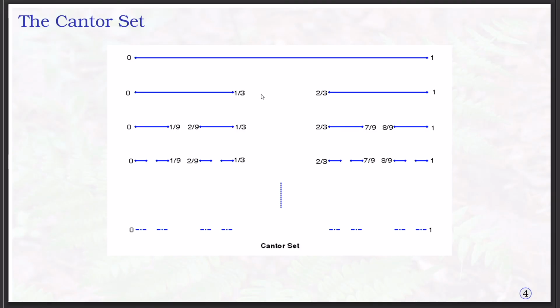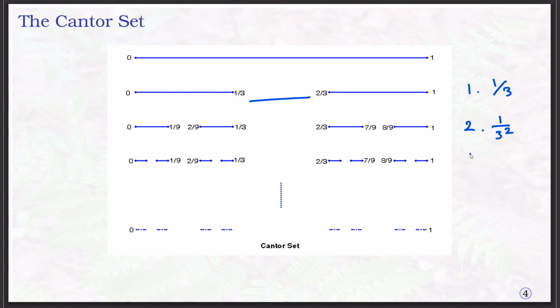After the first iteration we removed one open interval of size 1/3. In the second iteration we are removing 2 intervals, and the size of each interval is 1/3 power 2.